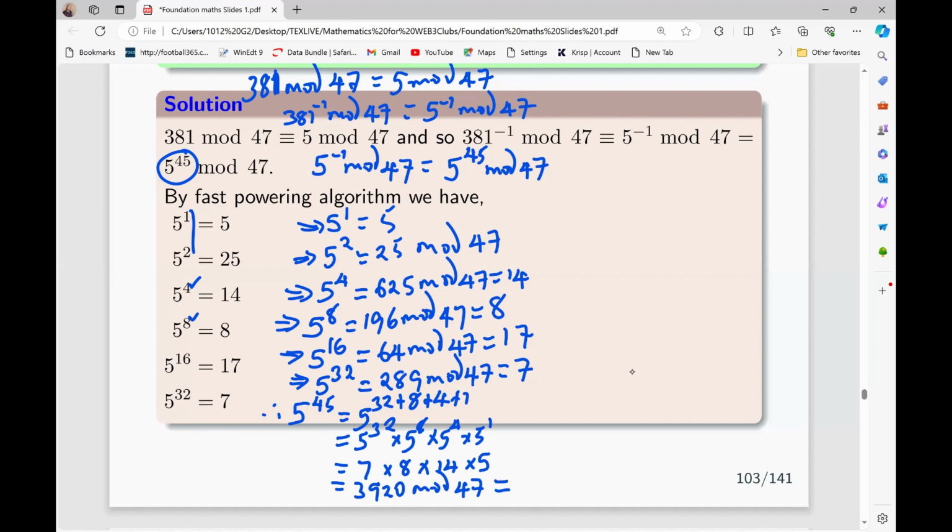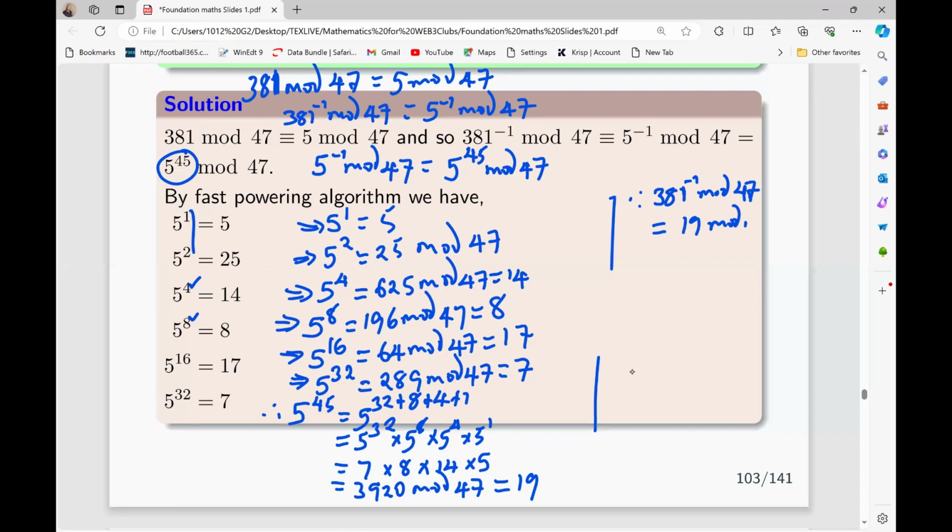It's 19. So this tells me that the inverse that I was looking for, mod 47, is in fact 19.